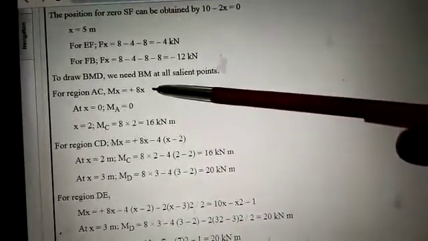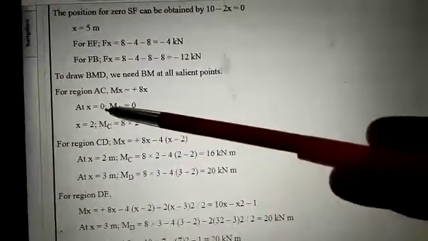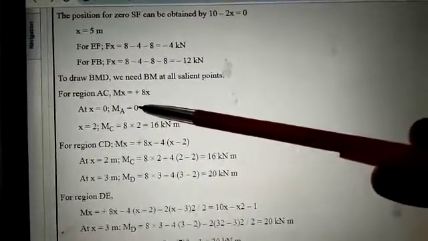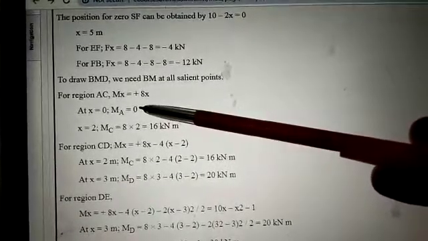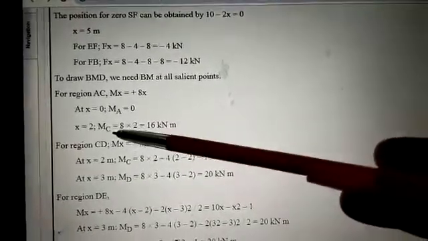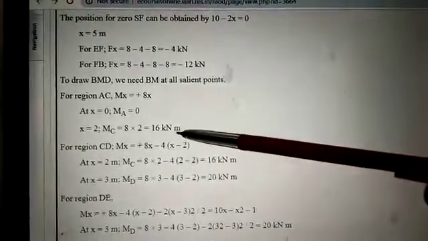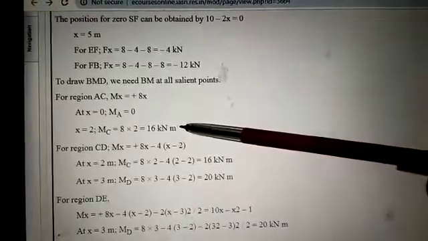Then we will calculate it at x is equal to 0, that is at point A. So x is 0, so MA comes out to be 0. At point C, the value of x is 2, so it comes out to be 16 kilonewton meter.